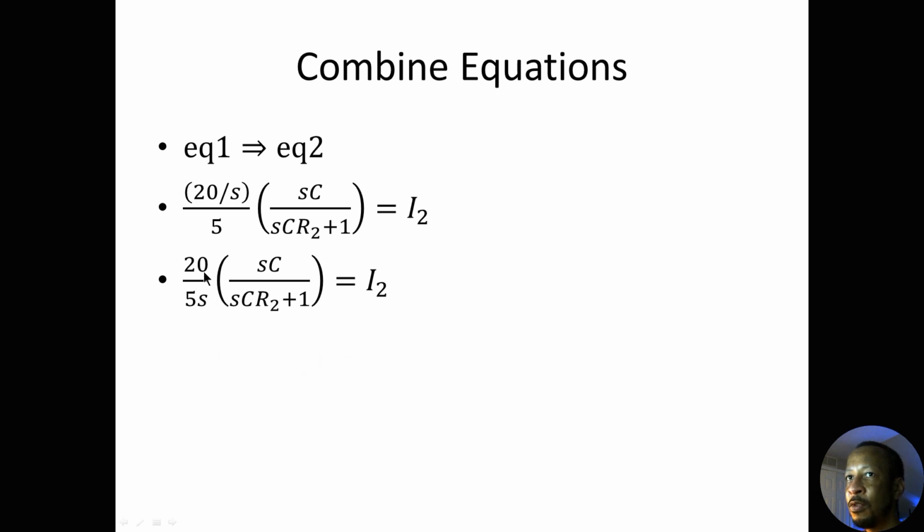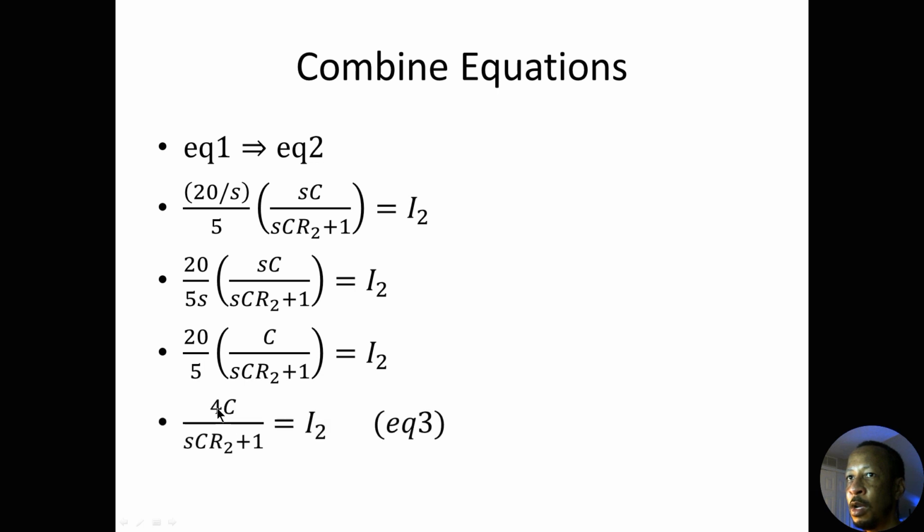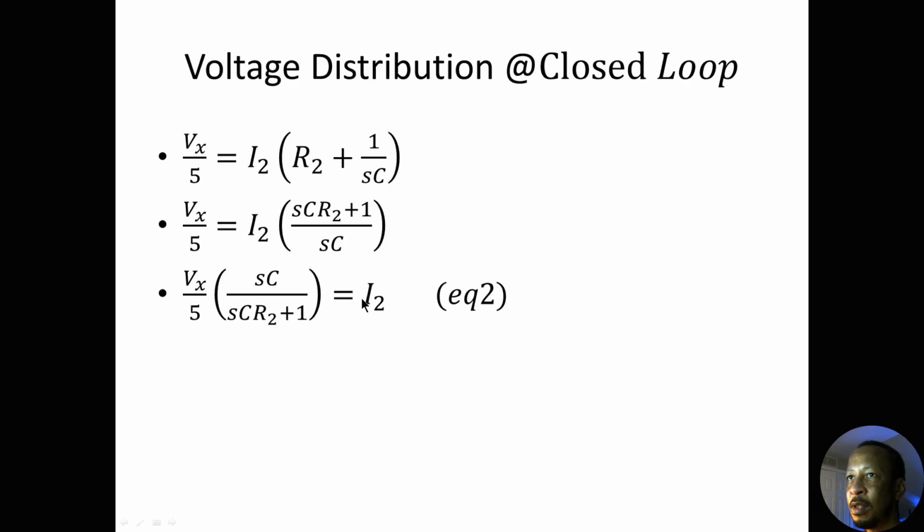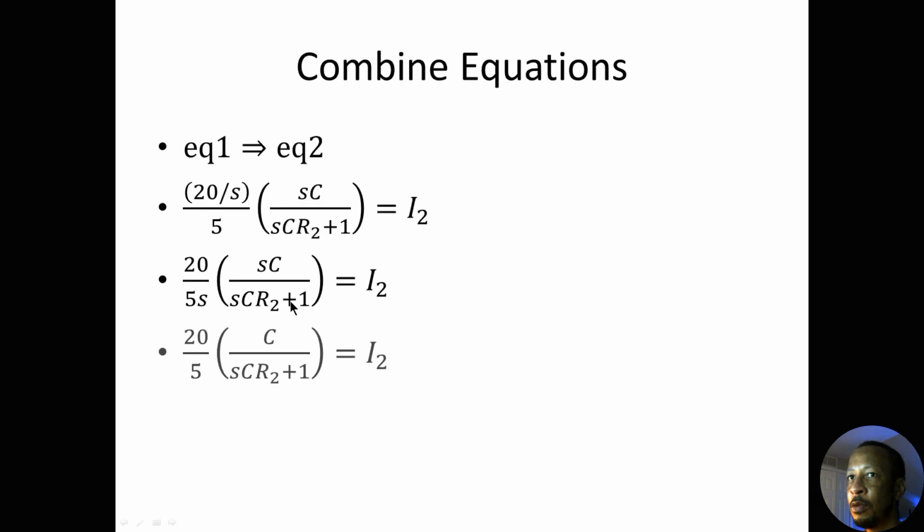And then that reduces to, like you have s here and s there, those cancel out. 20 over 5 gives you what? 4. You multiply the 4 by the c. And then now you have an expression that does not include Vx for I2. So that's another step closer. Okay, so you have I2 equals all of this. These are, at this point, C and R2, those are knowns.